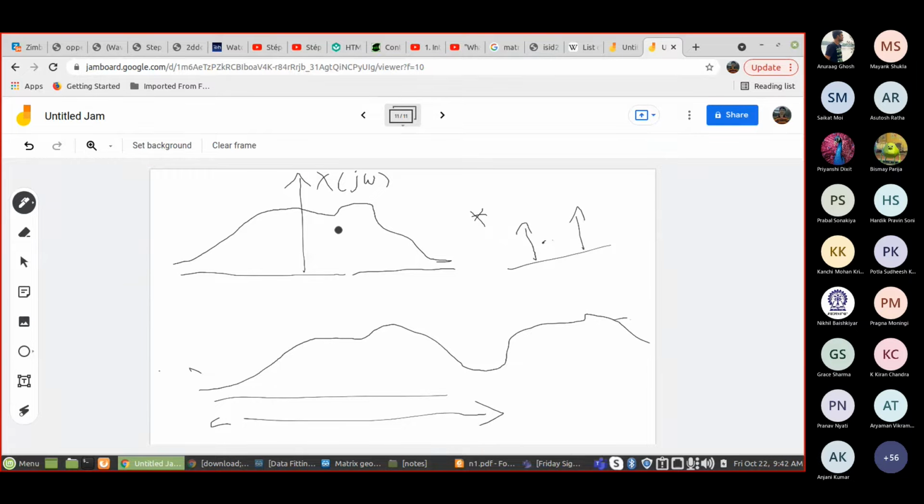If you convolve this with the Dirac delta at the origin, you get the same function, and once you convolve with the shifts of the Dirac delta, there are going to be overlaps. This is x d of j omega.